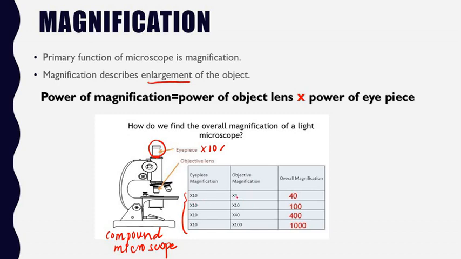If you are observing at 4x, that becomes 10x magnification of your eyepiece multiplied by 4x magnification of your objective lens, which will give you 40x. So your specimen is 40 times magnified. That's what magnification is. I hope you are clear with the terminology of magnification.